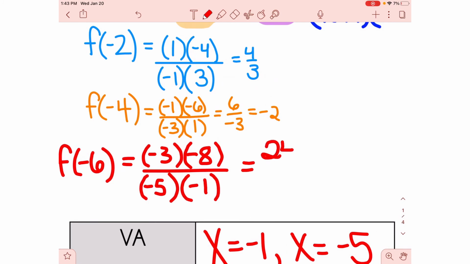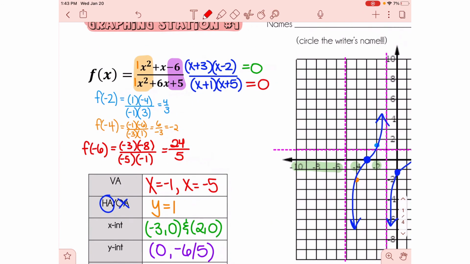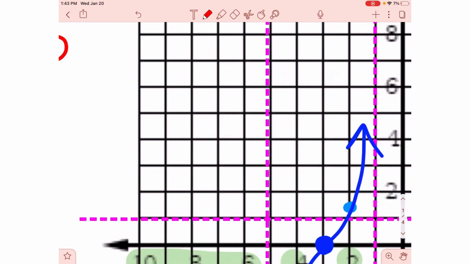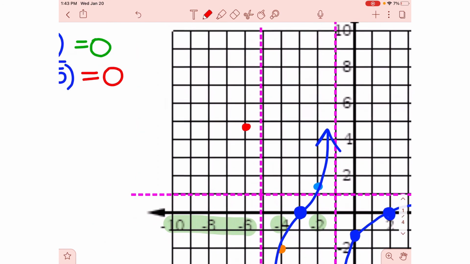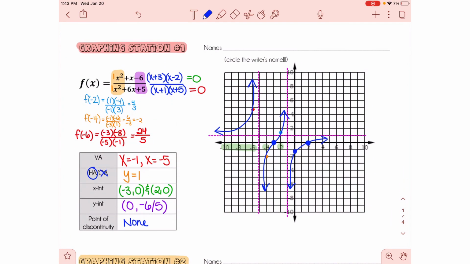Okay, we get 24 over 5. So 5 goes into 20 4 times. So this is close to 5, 4 point something. But that is enough to tell me that it's up here, which means that this chunk of the graph is going this way. So there is a graph with two asymptotes. Definitely a lot of work, but worth it.